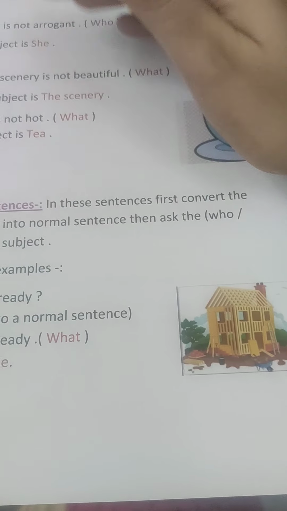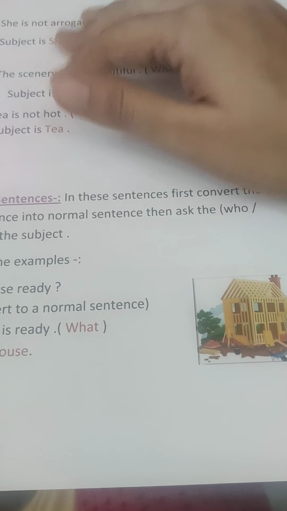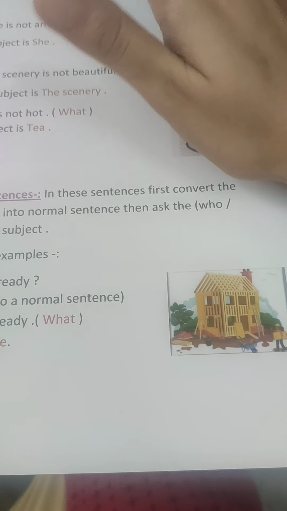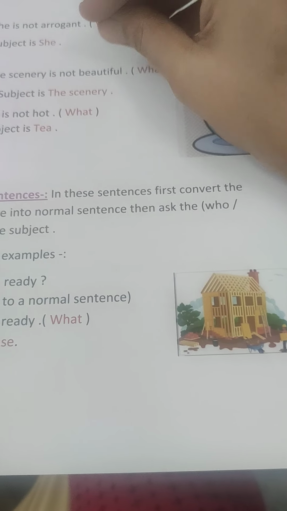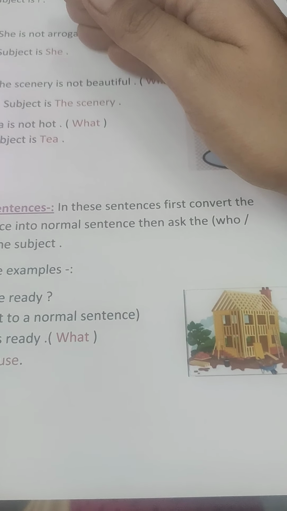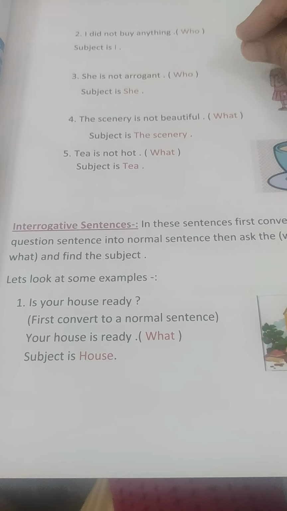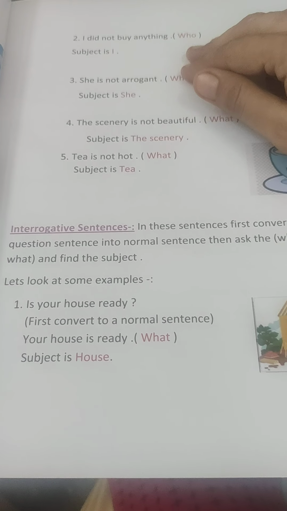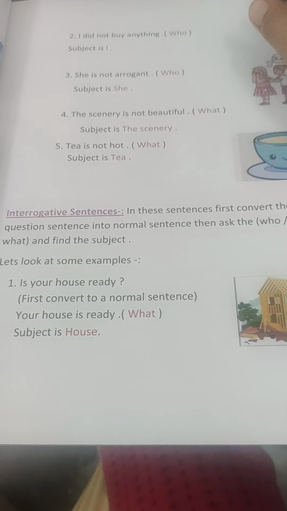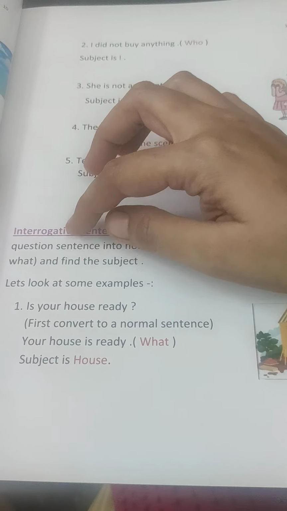For example, what is your name, right? And do you like to study, right? So in interrogative sentences, it always starts with either the question word or the helping verb at the front.